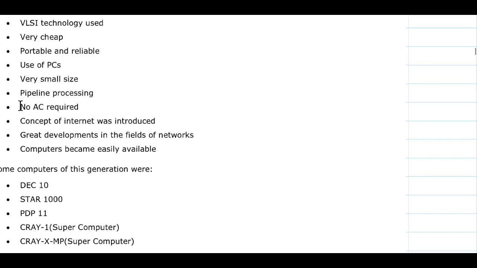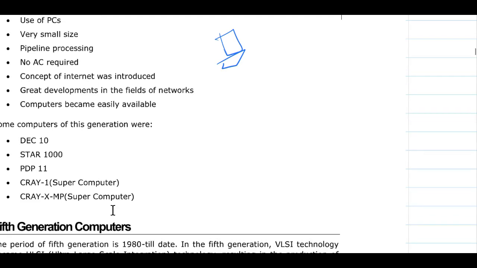Now they do not require an AC because they have fans already installed in the computers. The concept of the internet was introduced, although not much adopted at that stage. And there was development of networking, where you could connect one computer with another computer. And the computers that belong to the fourth generation are these ones.